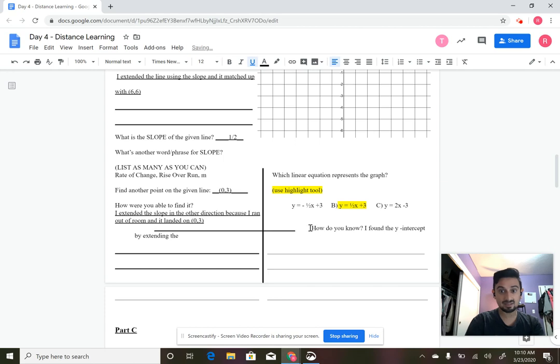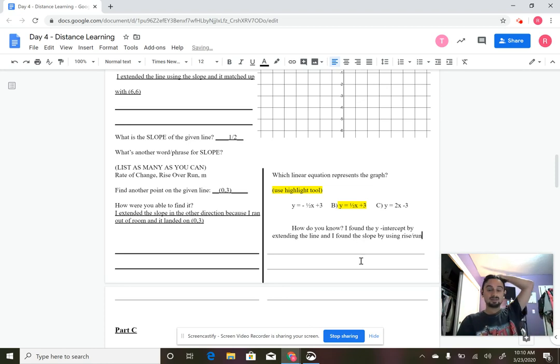By extending the line, and I found the slope by using rise over run.